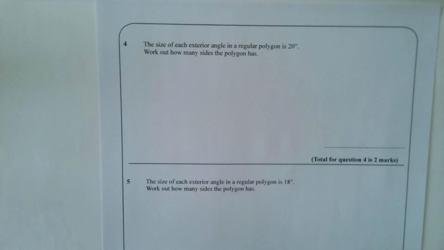We're going to look at this question. The size of each exterior angle in a regular polygon is 20 degrees. We're going to work out how many sides this polygon has. Because it's the exterior angle, remember what I said: the exterior angle of a polygon is 360 divided by the number of sides.